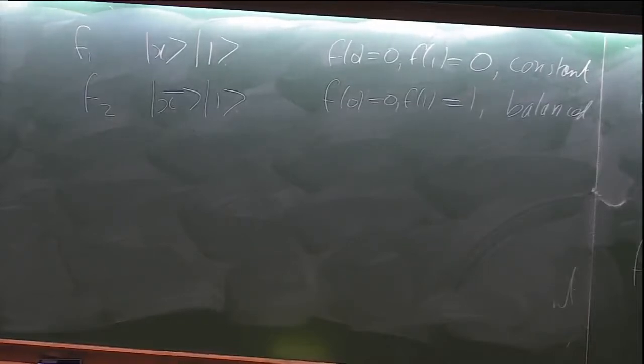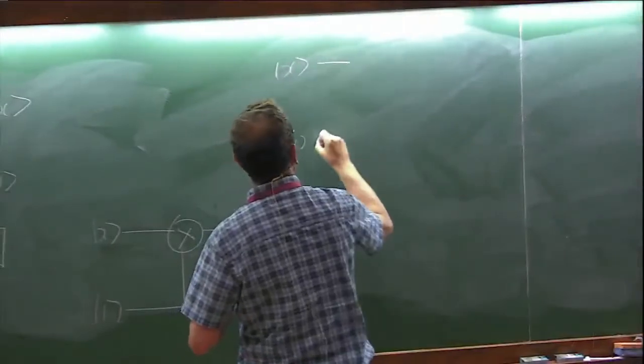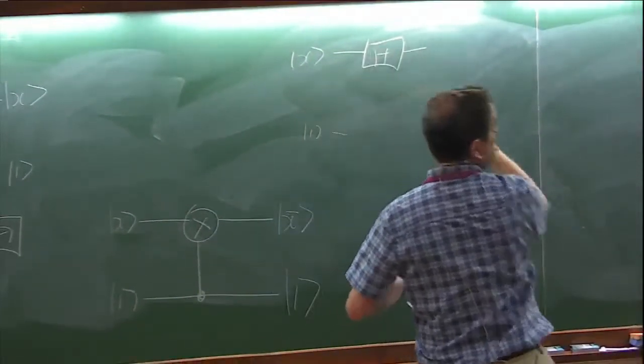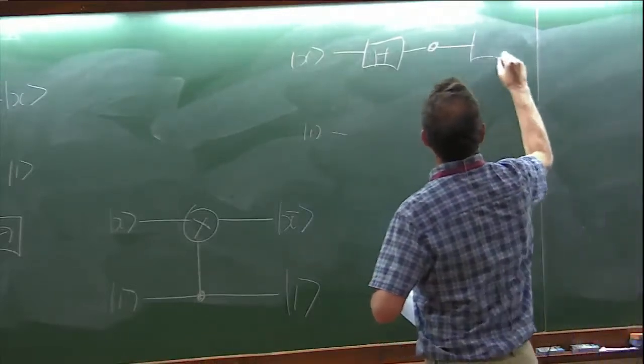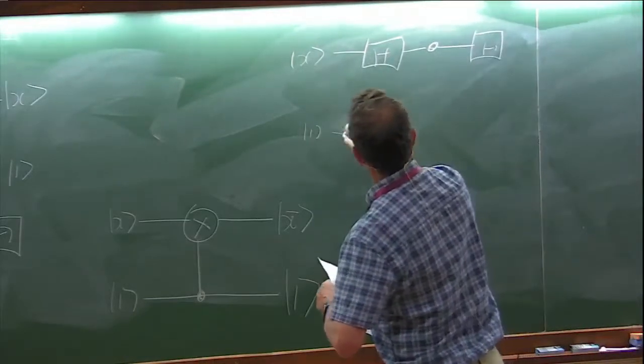What about F3? Where was F3? Hope I haven't rubbed it out. No, it's over here. Okay, so for F3, again, we start with x and 1, and I put in a Hadamard, and then what is there up there? Just the control, and a Hadamard, and then here we have the h.